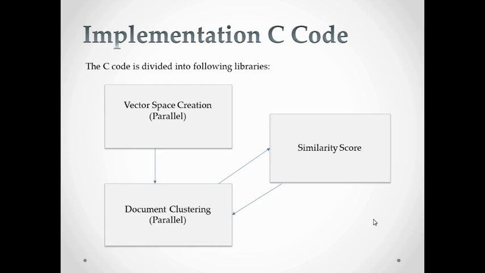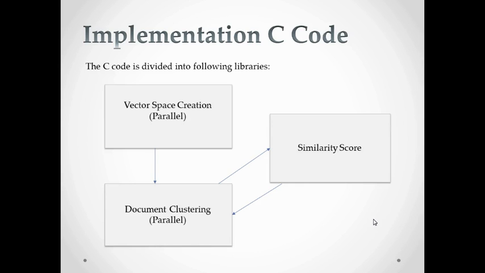So the implementation of C code. The C code is divided into 3 libraries. The first one is the vector space creation, which was discussed before. This has 2 implementations, a serial one and a parallel one. And the next library is document clustering, which has both serial and parallel.